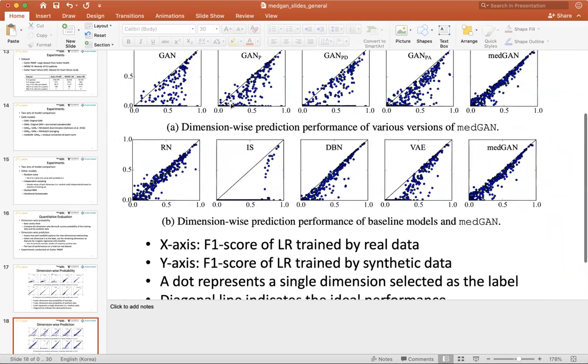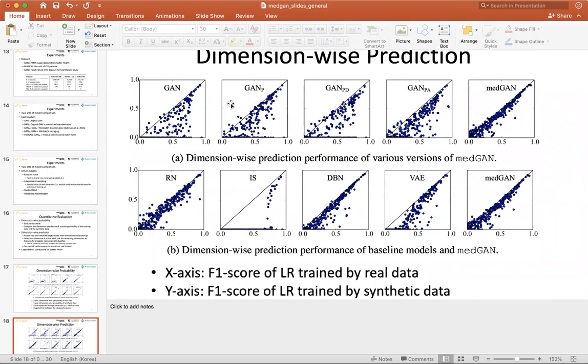Oh, it's F1 score. Sorry about that. So you train a binary classifier for a specific column, train the real ones and train the synthetic ones, and then you measure their performance on the unseen real test samples, and measure the F1 score, which, I'm not going to go into detail what F1 score is.